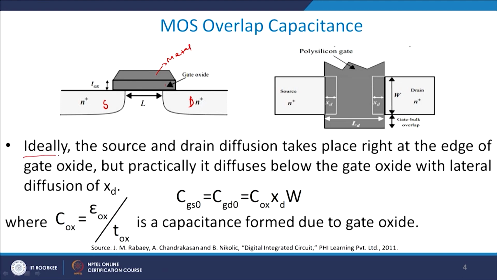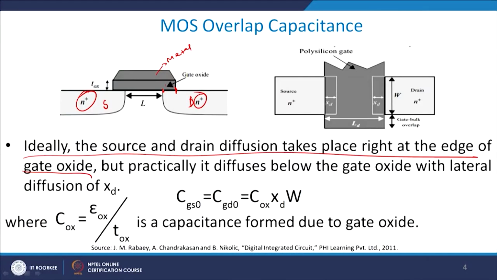Ideally the source and drain should end at the edge of the gate oxide, but practically there is some diffusion, because you do this N plus doping of source and drain by a diffusion phenomenon. Diffusion, if you remember, by its very nature cannot be stopped at a particular point, it will have some amount of out diffusion. So, the diffusion layers extend towards each other, and as a result you end up somewhere here instead.